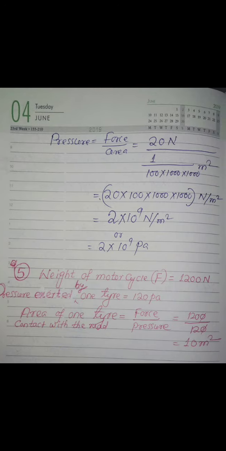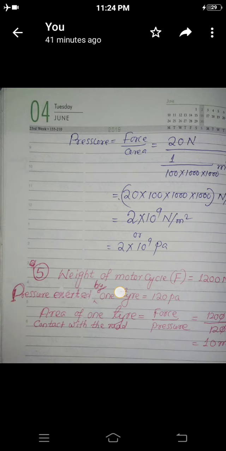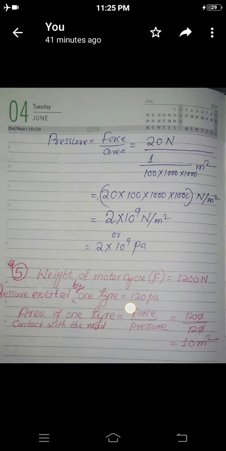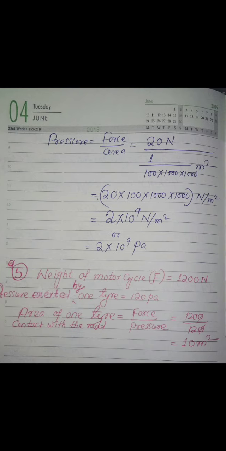So force or weight is equal to 1200 Newton. Pressure of one tire is 120 Pascal.